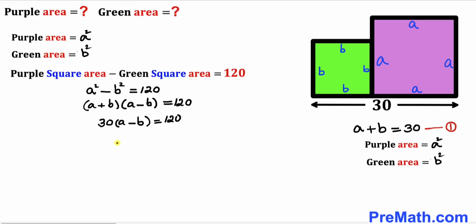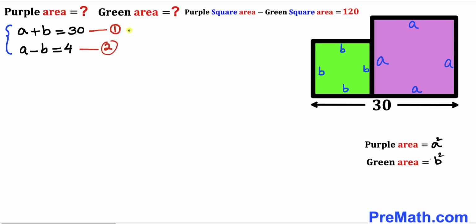Now I'm going to divide both sides by 30, and we can see the 30 and 30 are gone. So a minus b turns out to be equal to 4. I'm going to label this as our equation number 2.